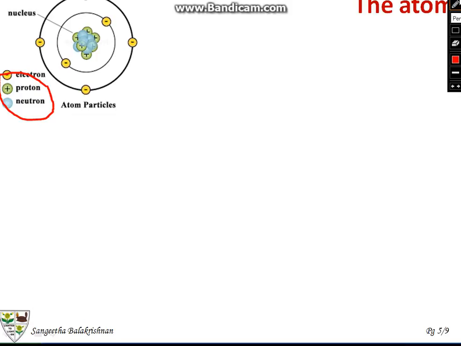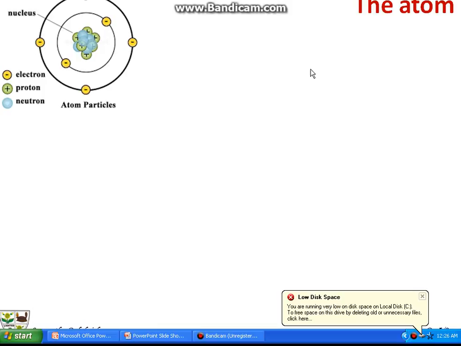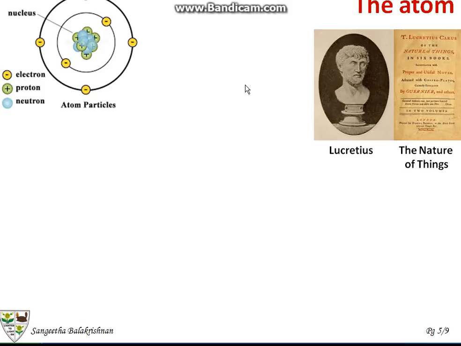So this is the structure of the atom as we know it today, but you also know that the structure of the atom, or for that matter any discovery in science, does not happen overnight. We have this structure because of the intellectual efforts of many different scientists over a long period of time, over centuries actually. The very first person who talked about the structure of atom under the rubrics of atomism was Lucretius.